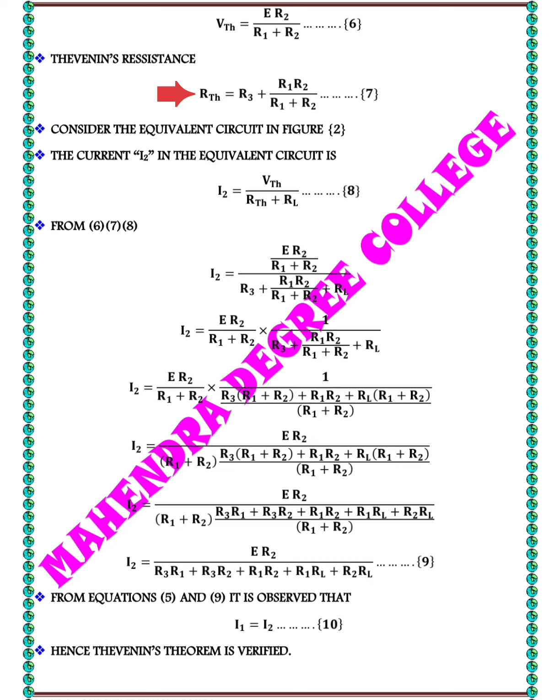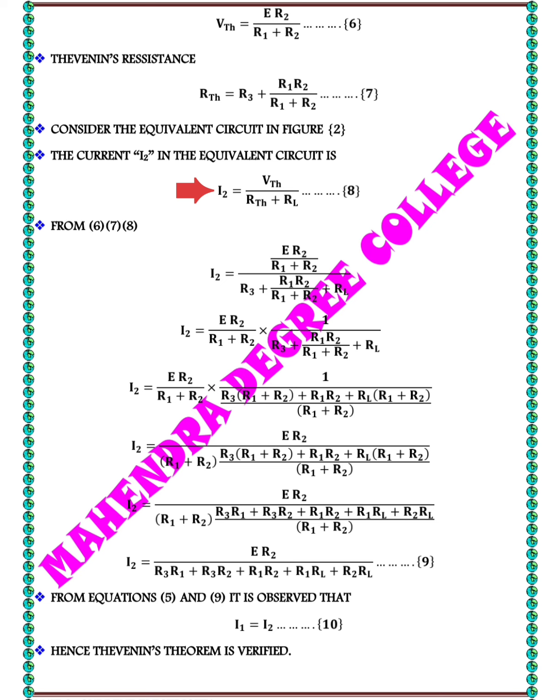This is equation number 7. Consider the equivalent circuit in figure 2. Already we discussed the circuit diagram 2. The current I2 in the equivalent circuit is I2 equals VTH by RTH plus RL.